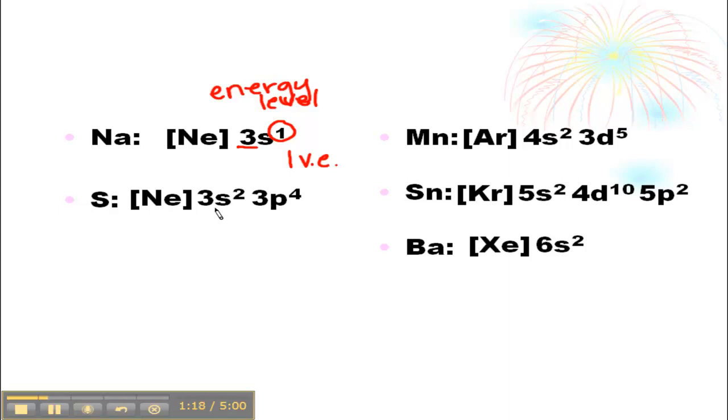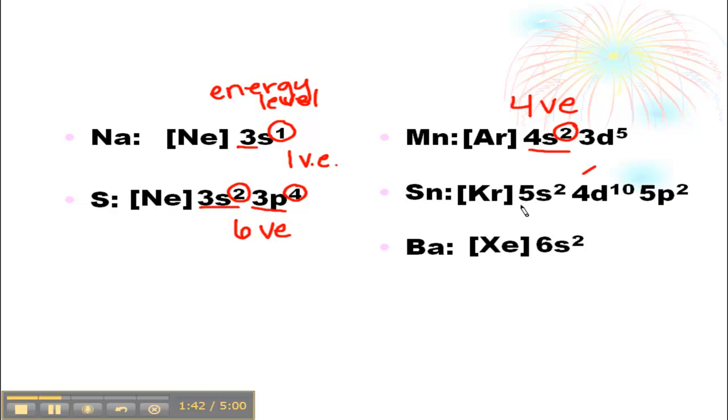If we look at sulfur, we have 3 in 2 places, the S and the P. So we have 2 plus 4 for a total of 6 valence electrons. For manganese, the highest energy level is 4. So we have 2 electrons there, so 2 valence electrons.